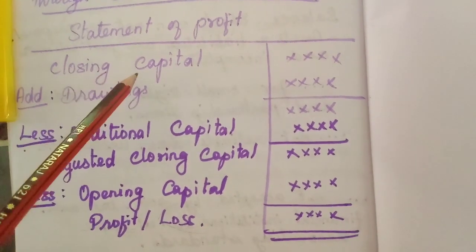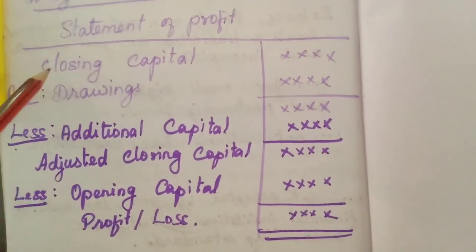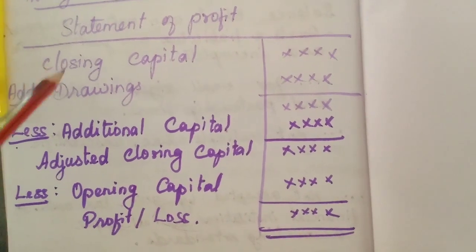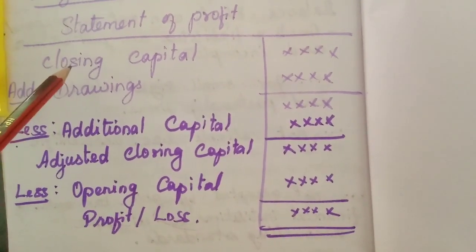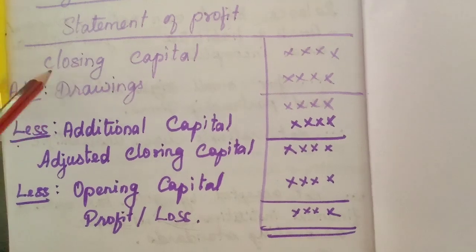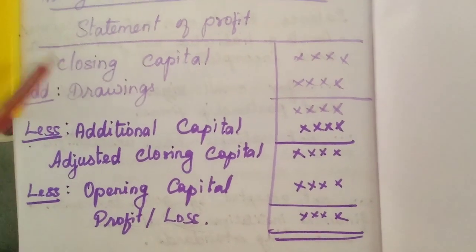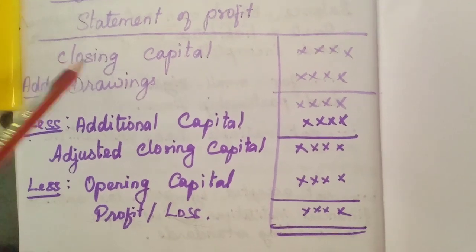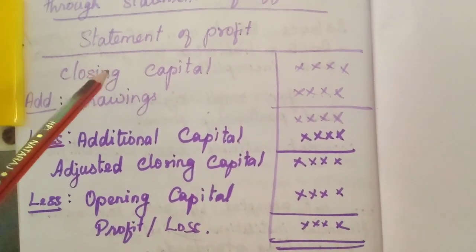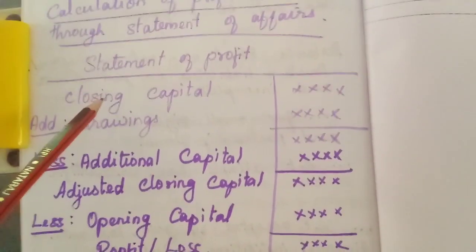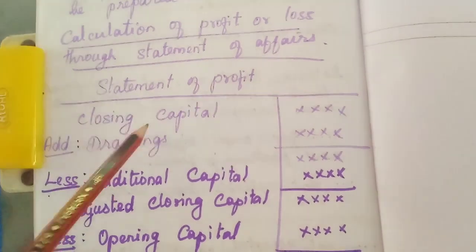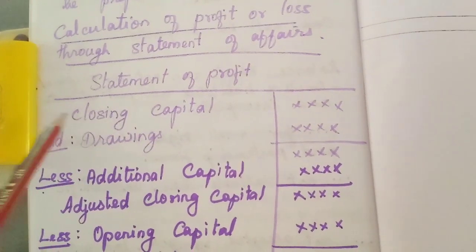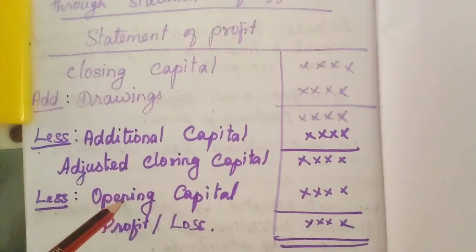Sometimes the closing capital they may not give; they may give some items that appear in the balance sheet, some assets and liabilities. Then we have to prepare the statement of affairs. That statement of affairs will resemble a balance sheet. We will learn that later. But now they have given the closing capital and opening capital.